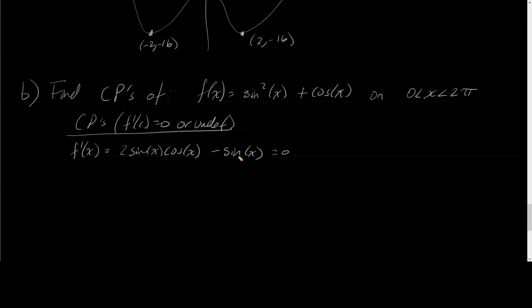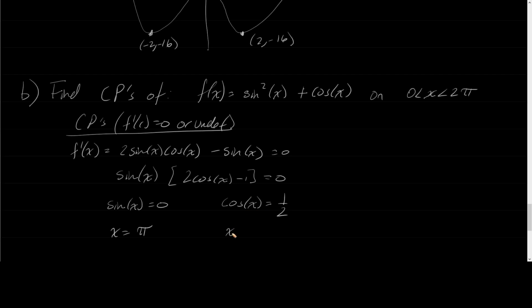I see that they both have sine, so I'm going to factor out a sine of x, and we're left with 2 cosine of x minus 1. So I get either sine of x is 0 or cosine of x is equal to 1/2. Where sine is 0 in this interval between 0 and 2 pi, not including 0 and not including 2 pi, it only happens at pi.